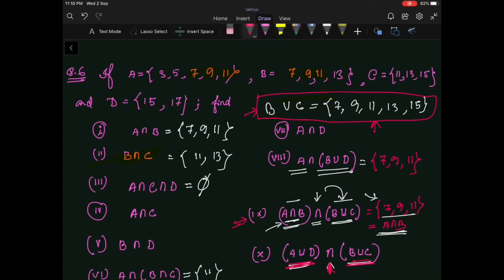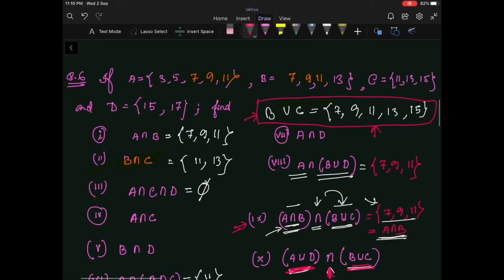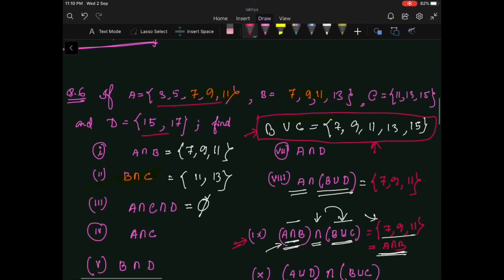As we have B union C already, let's find A union D first. Here A union D will be equal to what? A set containing all the elements in set A and D. So what are the elements here? 3, 5, 7, 9, 11, 15, and 17. Okay, these are the elements present in set A and set D.